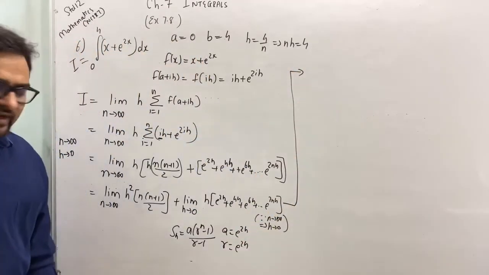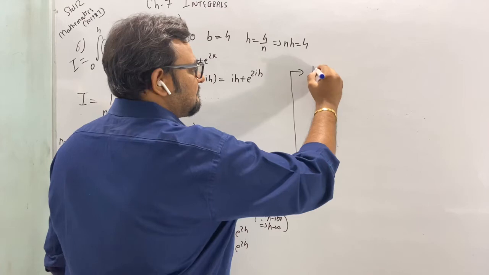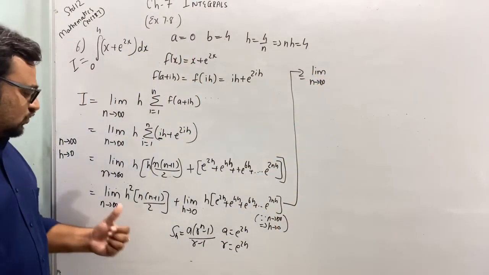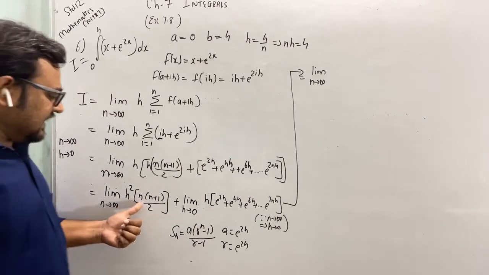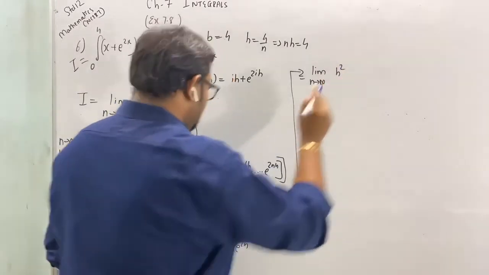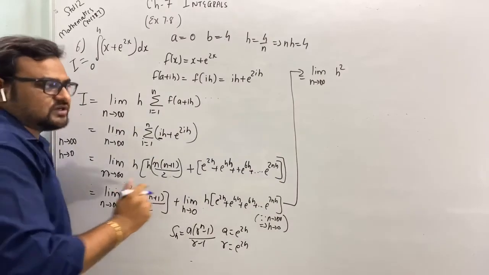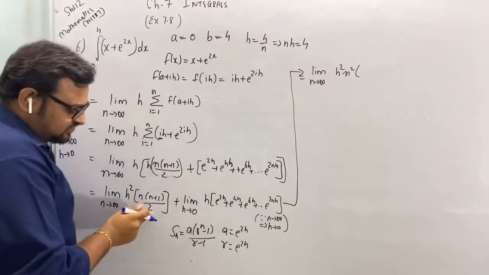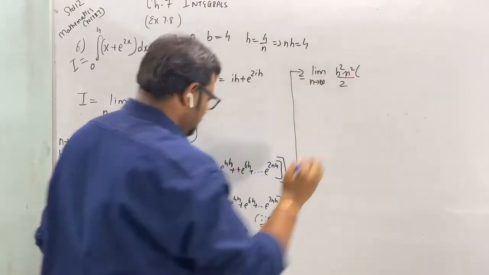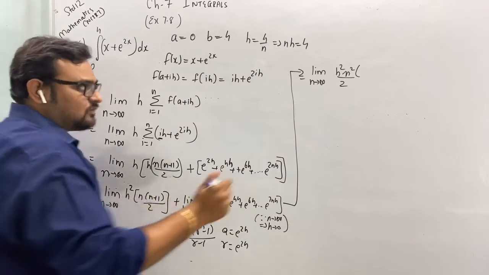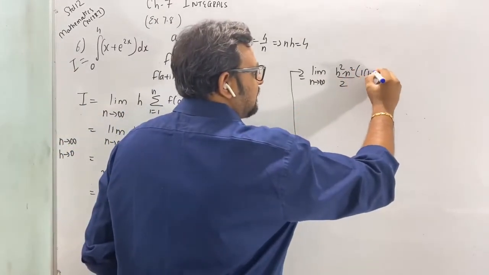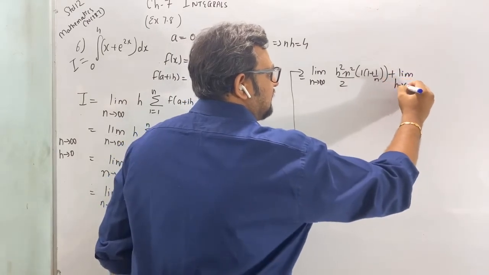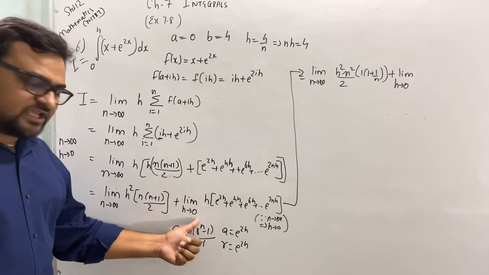So when I solve it here, limit n tends to infinity, h square, n common, so it's n square. Again this 2 outside I'm taking, okay, (1 plus 1 by n), plus limit h tends to 0, h.